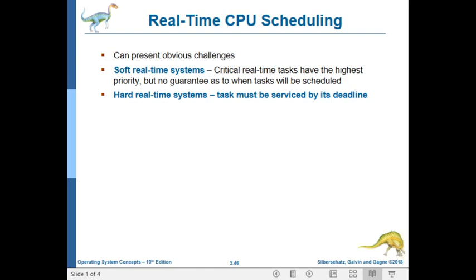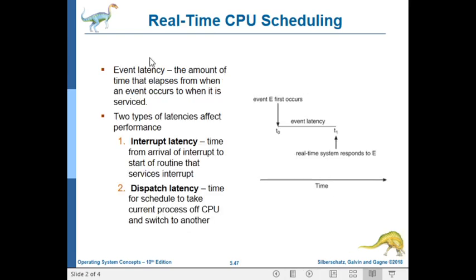Okay, before we go further with the real-time CPU scheduling techniques, we first discuss how to minimize latency. This is the first section of this topic. 5.6.1 Minimizing latency. Consider the event-driven nature of a real-time system. The system is typically waiting for an event in real time to occur.